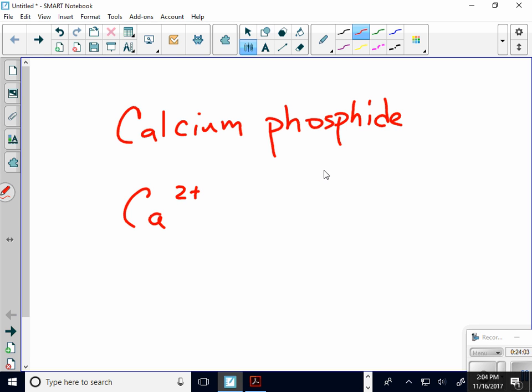What am I going to get for phosphide? P, what? P3-. So if I am writing the formula for this, it is going to be Ca3P2. All right?